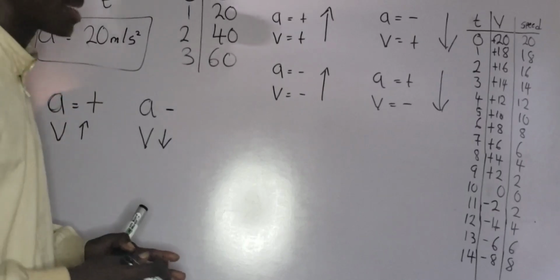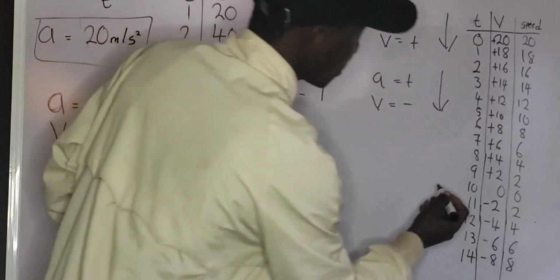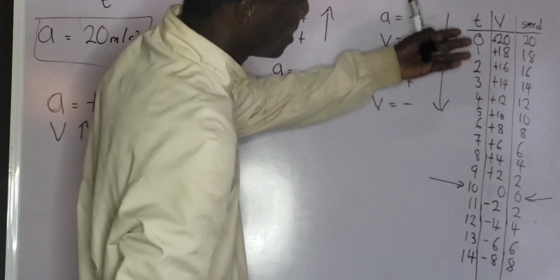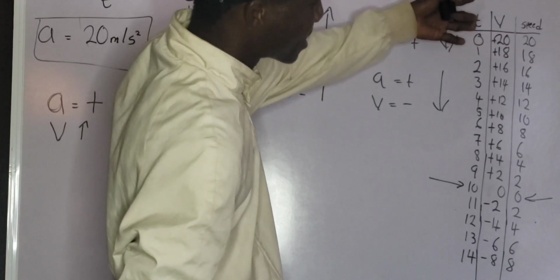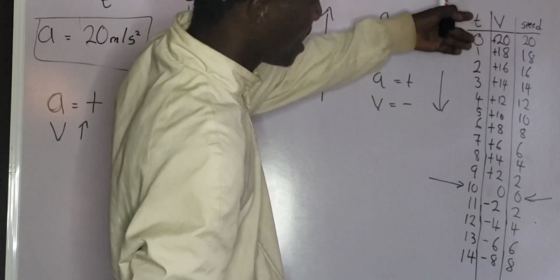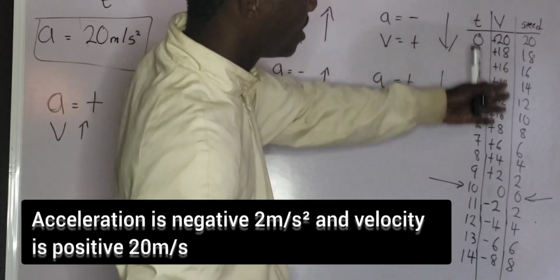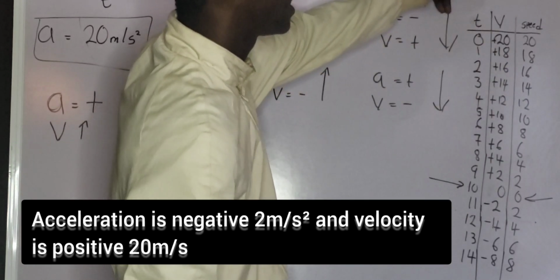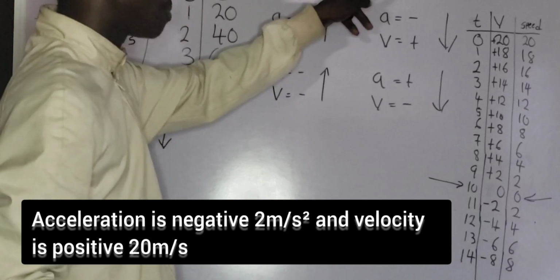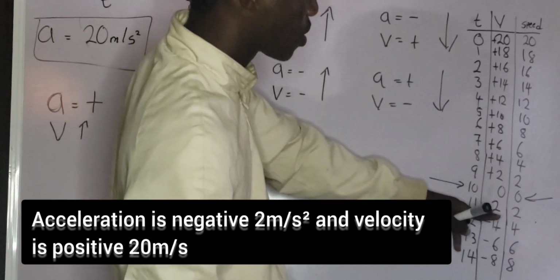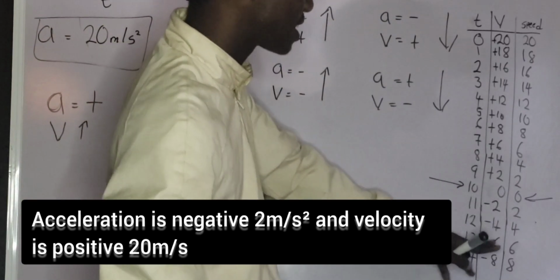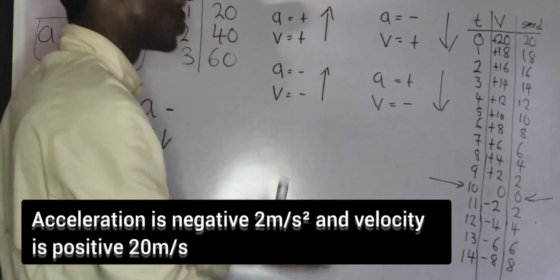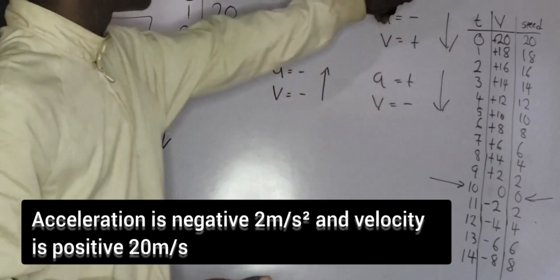Now, I want you to pay attention. For the first half of the journey of this object, you can see that as the time is increasing, the velocity is decreasing until it gets to 0, because the acceleration is negative and the velocity is positive. But immediately it turns negative, the velocity of the object begins to increase, but in the opposite direction.